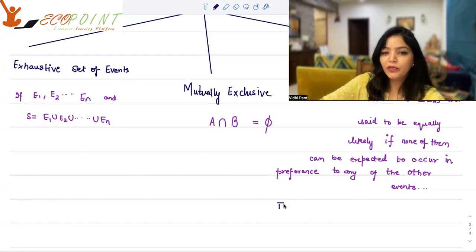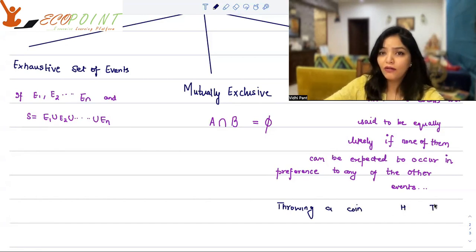Suppose you are throwing a coin. If you throw a coin, you can either get head or you can get tail. The chances that head turns up is the same as the chances that tail comes up, right? So these two are equally likely events. Head coming up is equally likely to tail coming up.